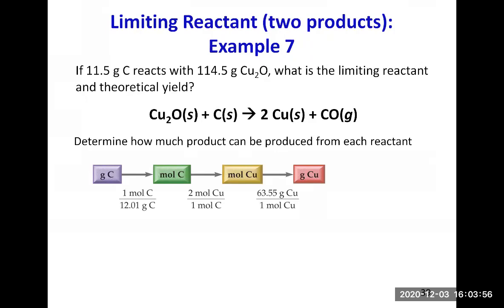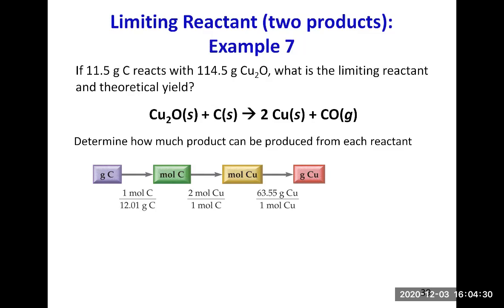And so again, the way to change the moles of carbon to moles of copper is by using the coefficients of the balanced chemical equation. And because here you're given grams, you will need to change those grams into moles, because you cannot change grams of carbon directly to grams of copper. It's not possible. You need to go through moles. And the moles, then you can change them using the mole proportion given by the coefficients of the chemical equation.